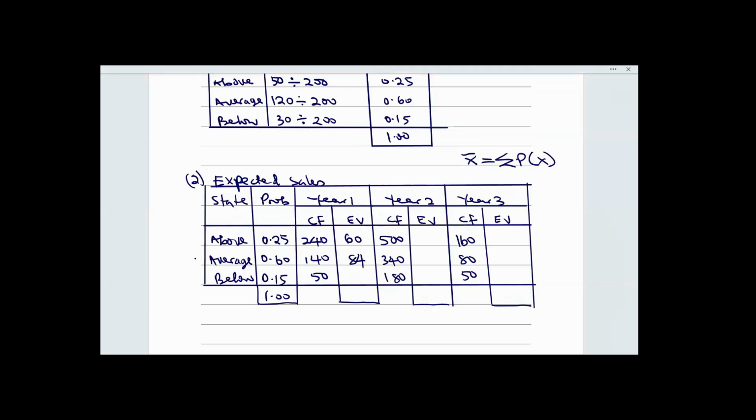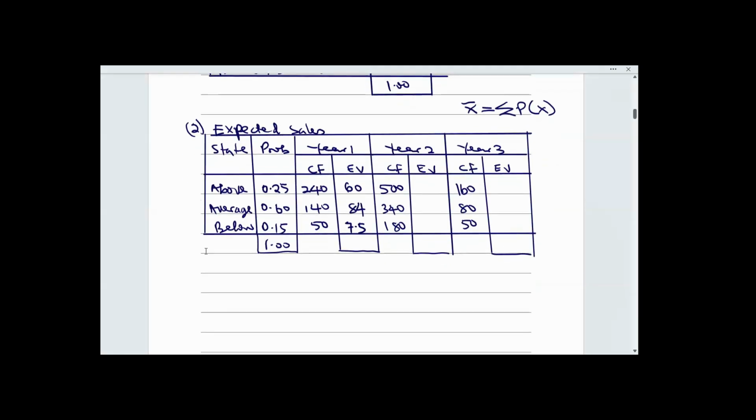The last one, 0.15 multiplied by 50 is 7.5. When we add it together, we have 151.5. So that's the expected sales for year 1.